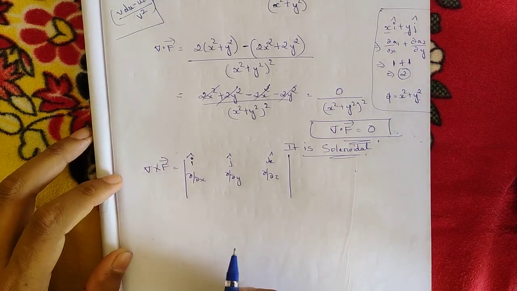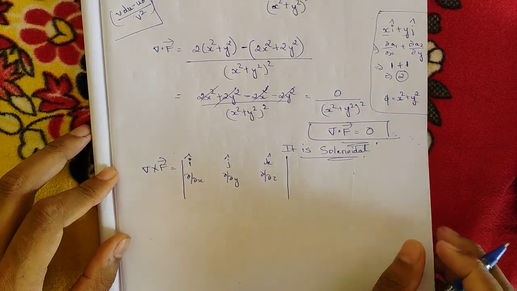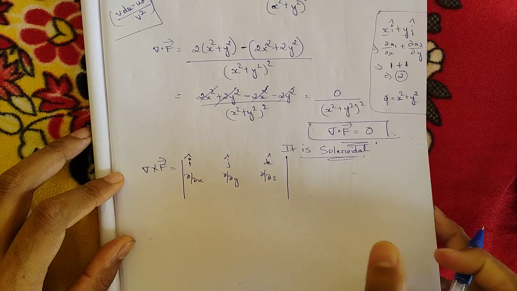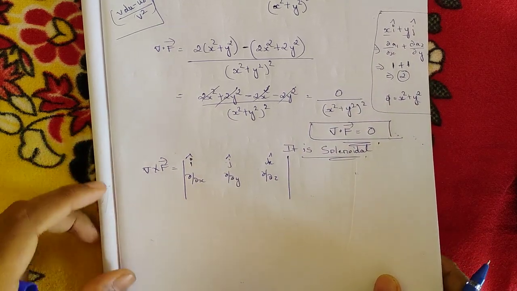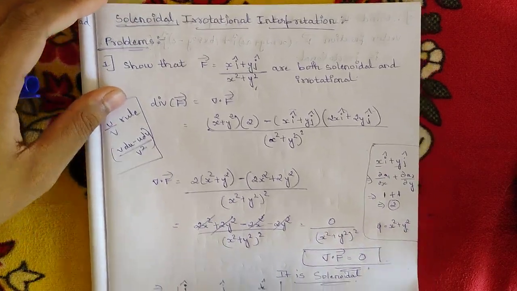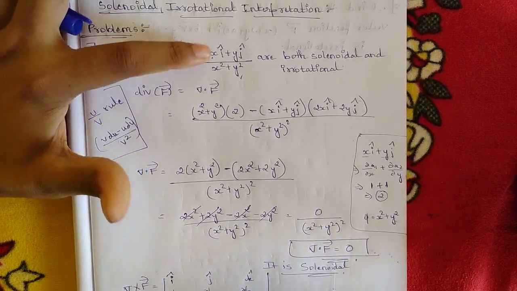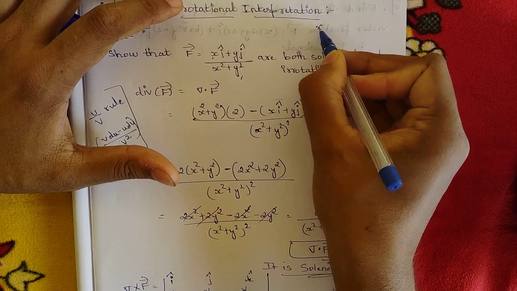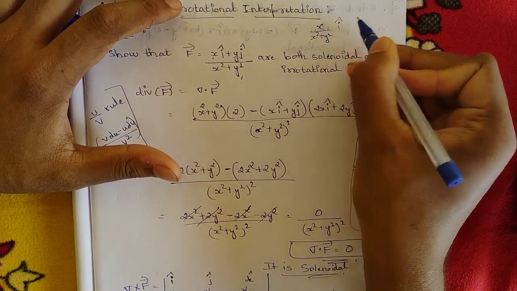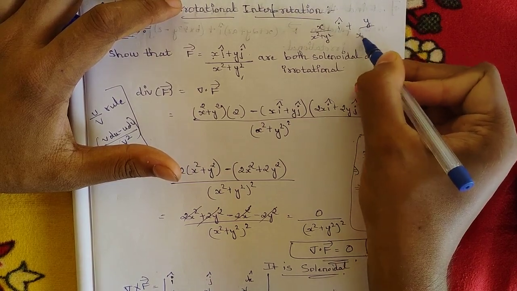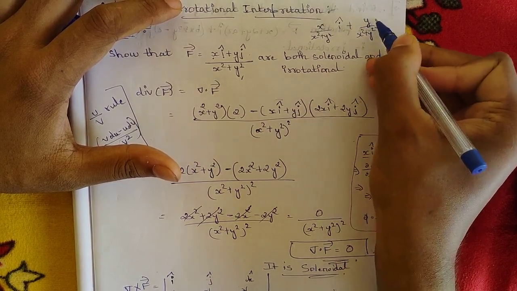Next we should be writing the coefficients of the f vector. That is, if you split this f vector and write it as x divided by x square plus y square into I cap plus y divided by x square plus y square into j cap.